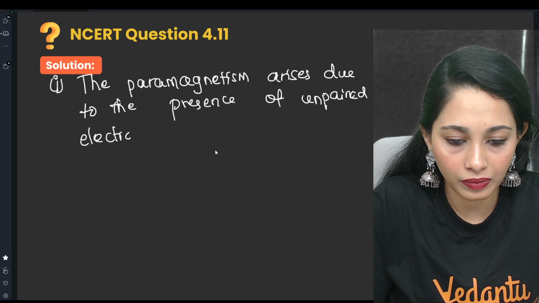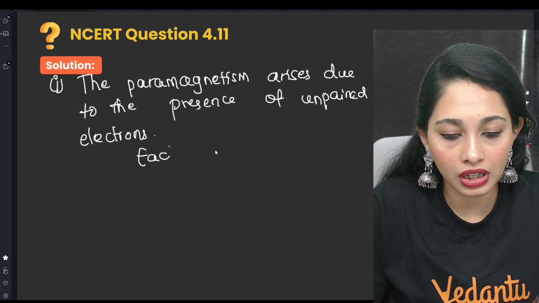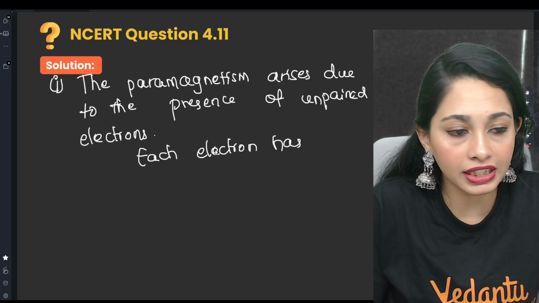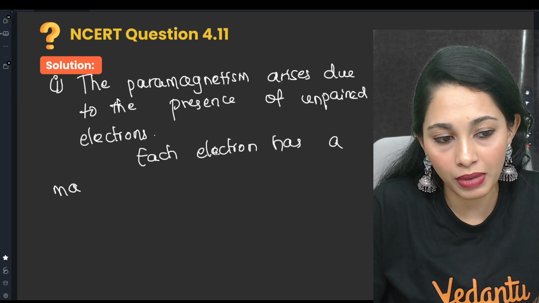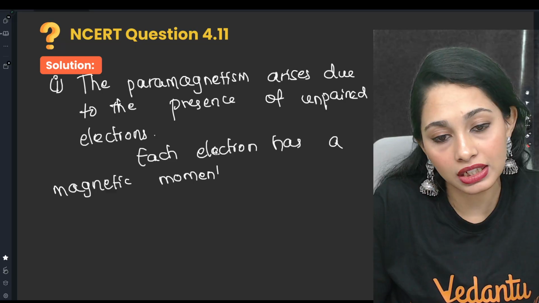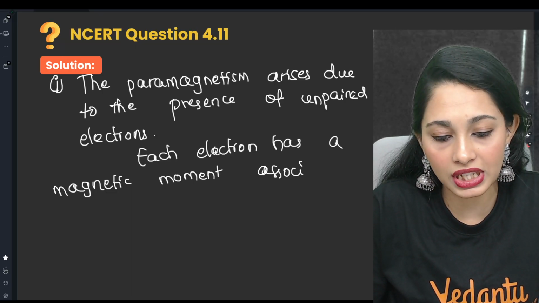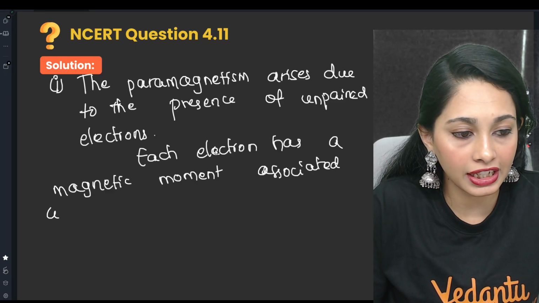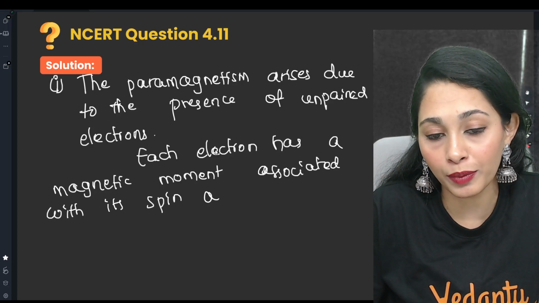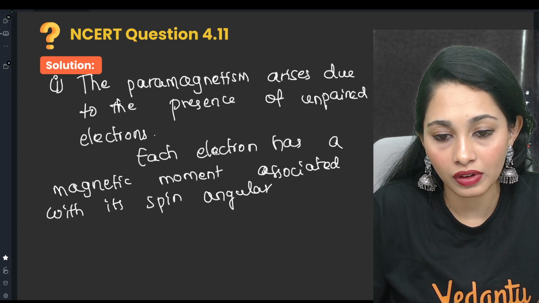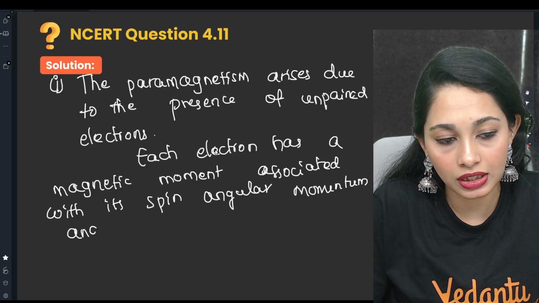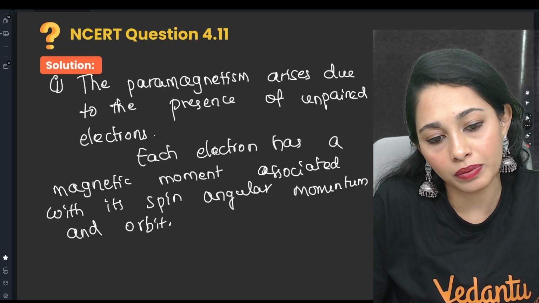Each electron has a magnetic moment that is associated with its spin angular momentum and orbital angular momentum.